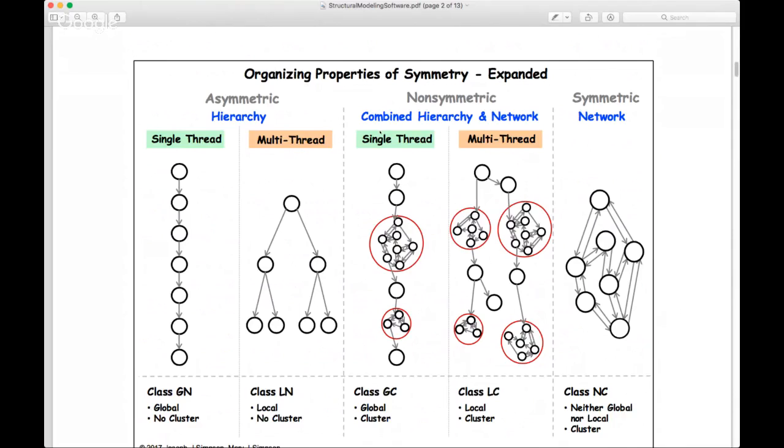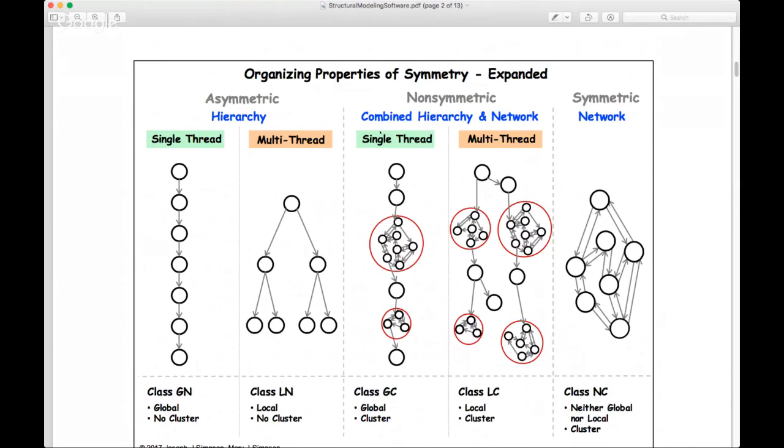So just emphasize the fact that we have the single-threaded hierarchy and a single-threaded non-symmetric combined hierarchy and network. And the single-threaded network should generate a matrix representation that has all ones in the lower triangular.